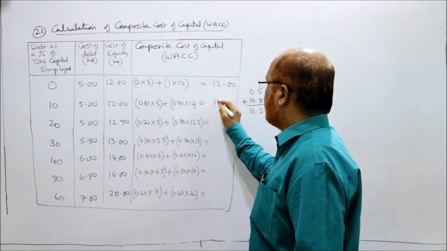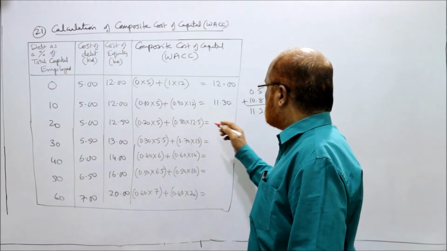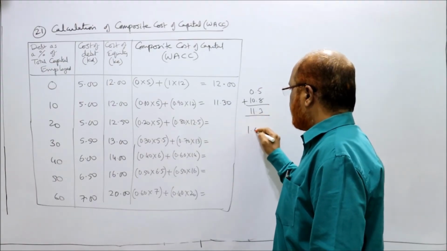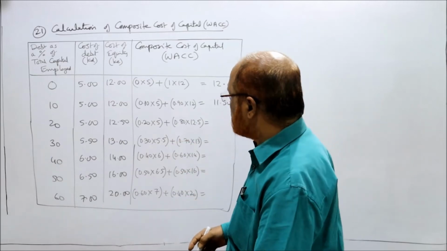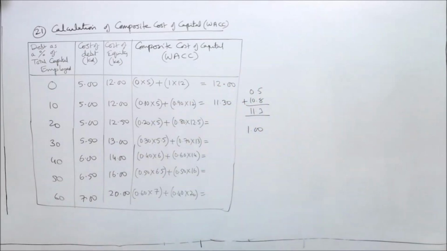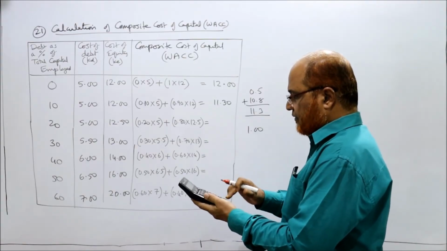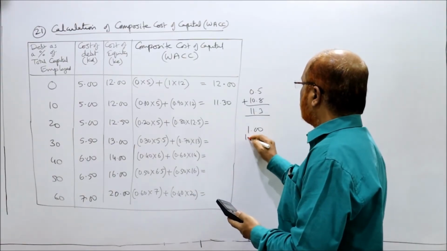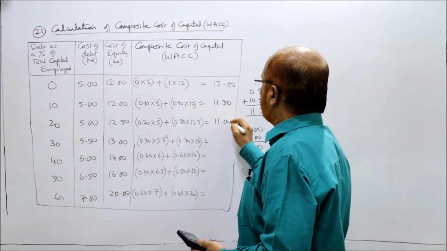Similarly, 0.2 into 5 is 1, plus 0.8 into 12.5, that is equal to 10. Both combined together, it will be 11.